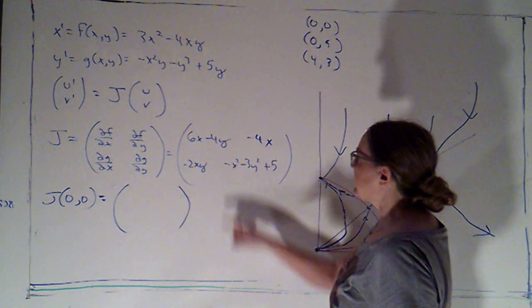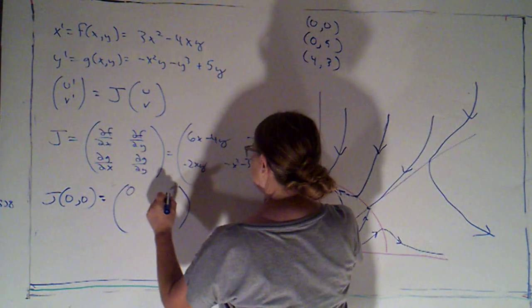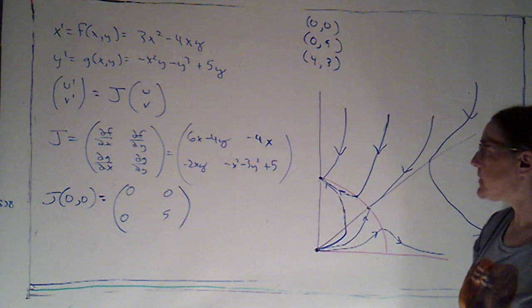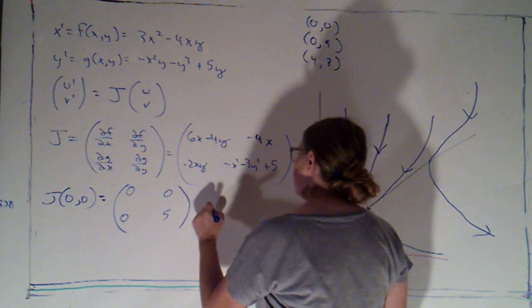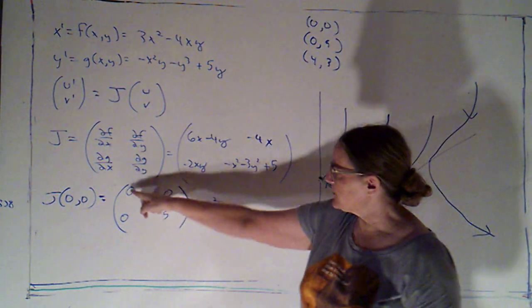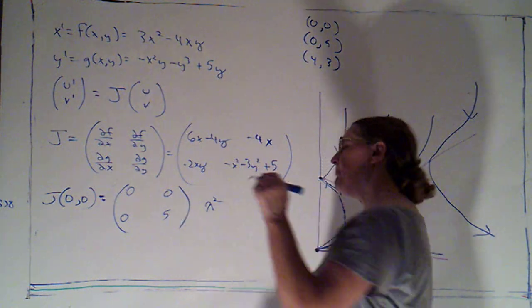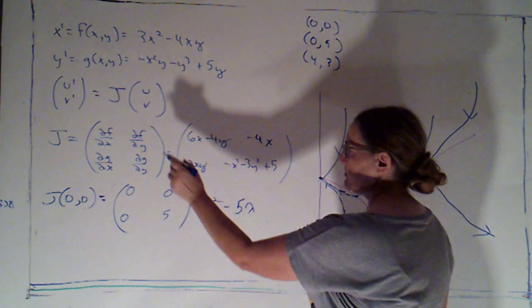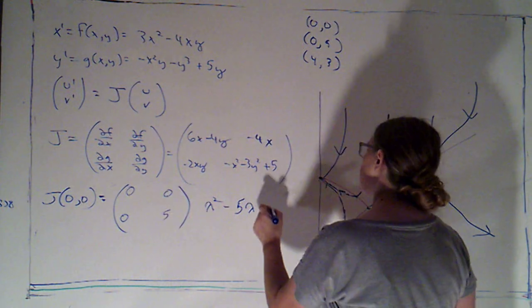Plugging in 0 for x and y, I'm going to get 0, 0, 0, and 5. So, just using my shortcut to get the characteristic equation, lambda squared. Now here the trace is 5, minus the trace times lambda is minus 5 lambda, and then plus the determinant, which is just 0.